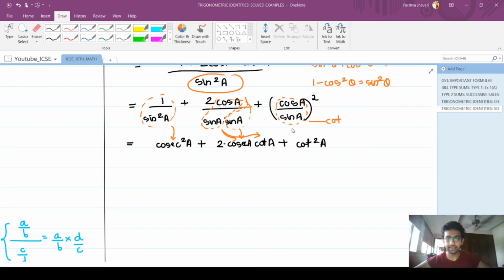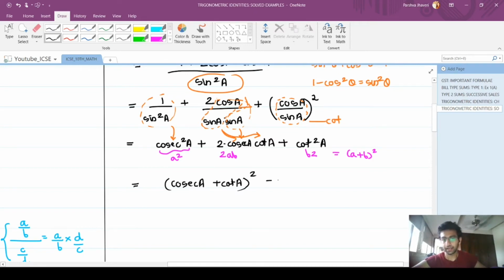And this itself is nothing but your (A plus B) whole square. If I take cosec A as A and cot A as B, this is nothing but A square plus 2AB plus B square. So I can write this as (A plus B) whole square. Do you agree? And when I do that, I will write it as (cosec A plus cot A) whole square, which is my RHS.